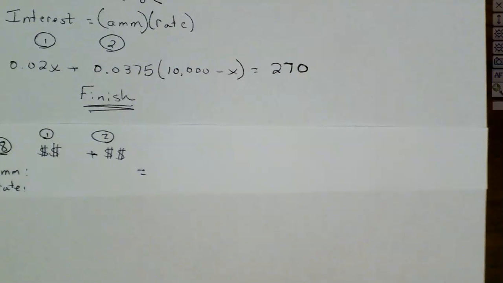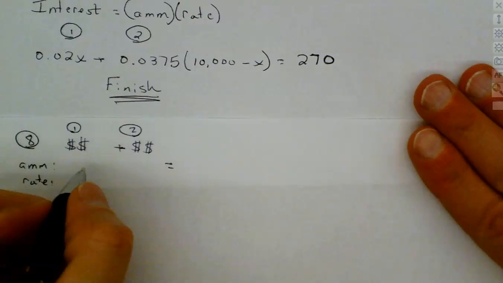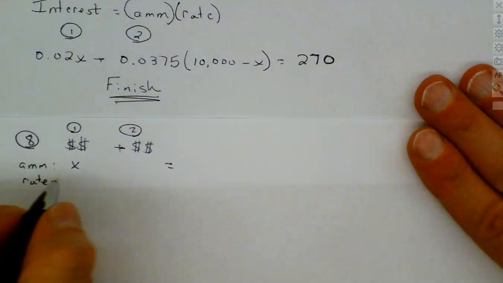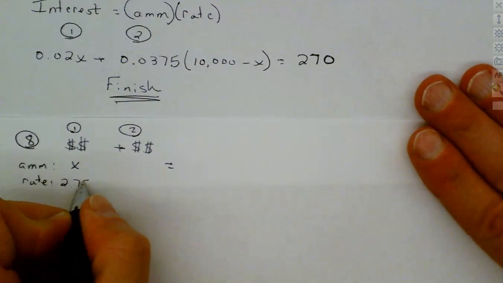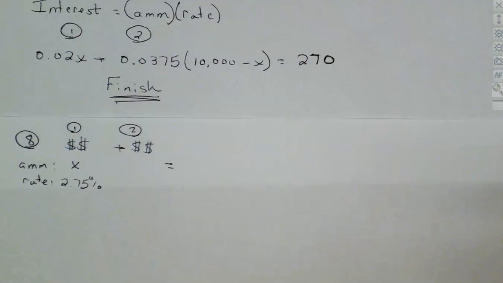It said Roberto invested some money, 2.75%. So do we know how much money is in the 2.75% accounts? No. All right, so that's our unknown, so that's going to be our x. So our amount here is x. Percentage rate is 2.75%. So we broke it down into smaller pieces. So that's the first part.